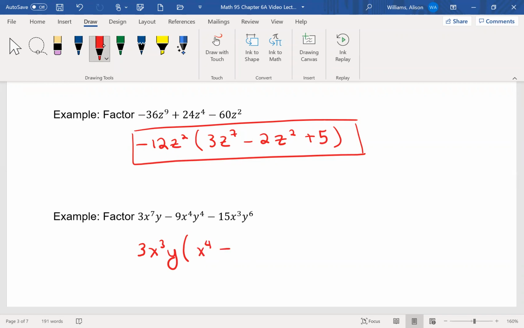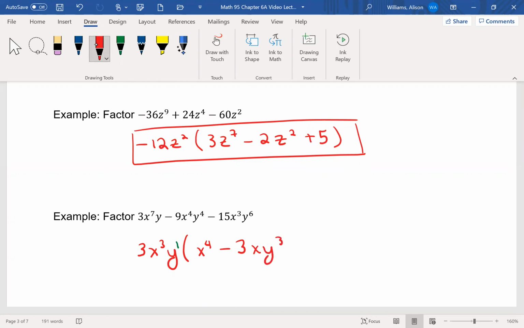Second term, I'm going to be left with a 3 again. And then x, just x to the 1, right? Because subtracting the 3 from the 4 on the x's is going to be x to the 1. And then for y to the 4th, I'm factoring out a y, so I'm treating that like having an exponent of 1, right? So that's going to be y to the 3rd.